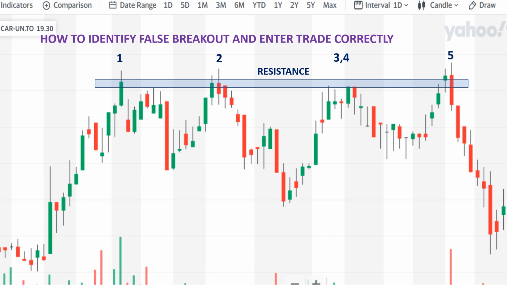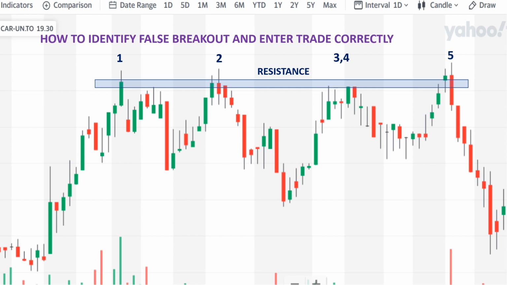However, at the last swing high, we notice a different scenario. The first candle is bullish and breaks above the resistance level, closing above it. But the following candle is a bearish candle, opens above the resistance with an upper shadow that extends beyond the resistance level.